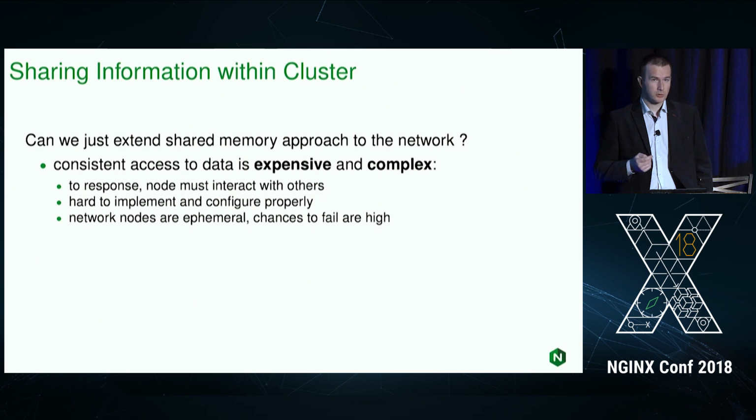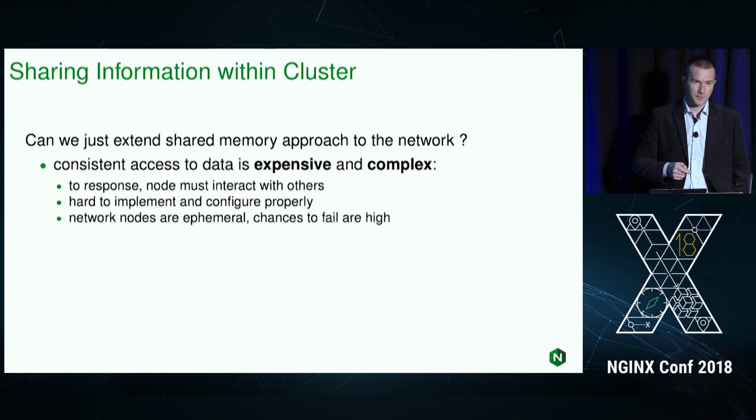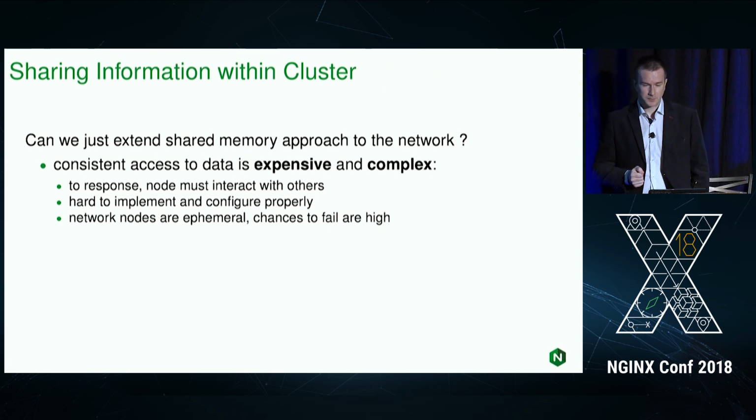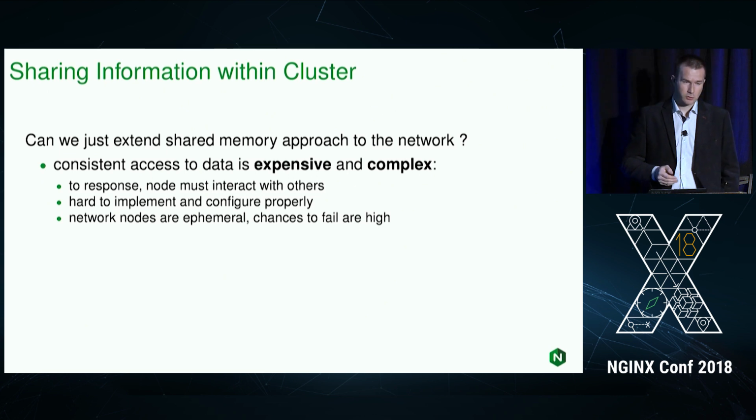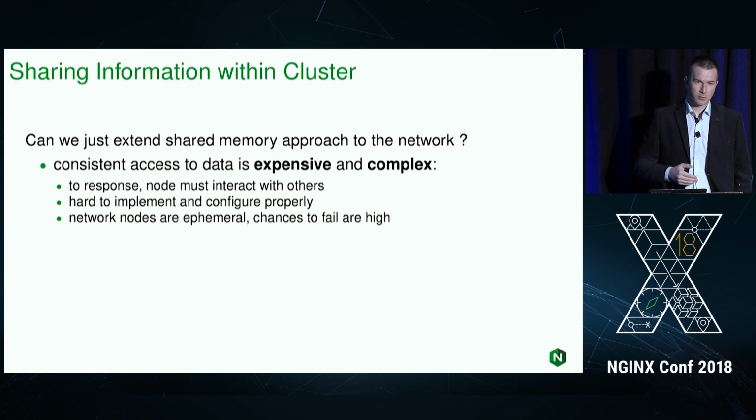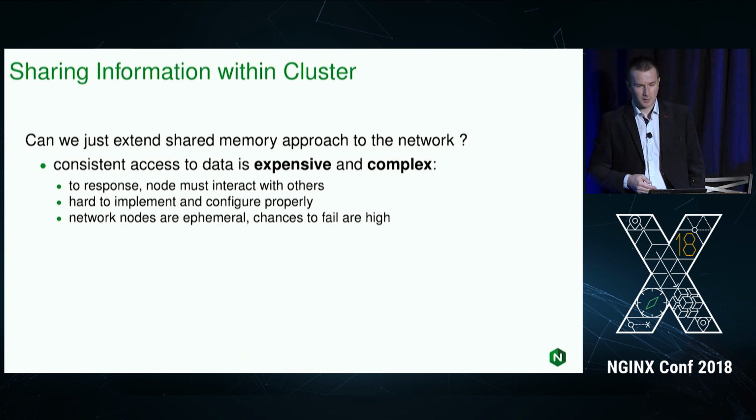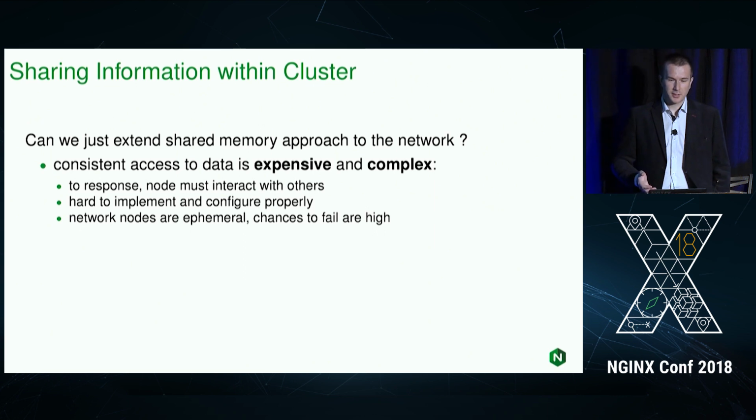And remember what I was talking about on the previous slide about a crashed process. If the chance of having a crashed process is not very big, the chance of a network node disappearing is much higher, and the consequences are much worse in the case of a cluster, because it's not enough to restart a single node. You have to restart the whole cluster because you have no idea what state your data is in.